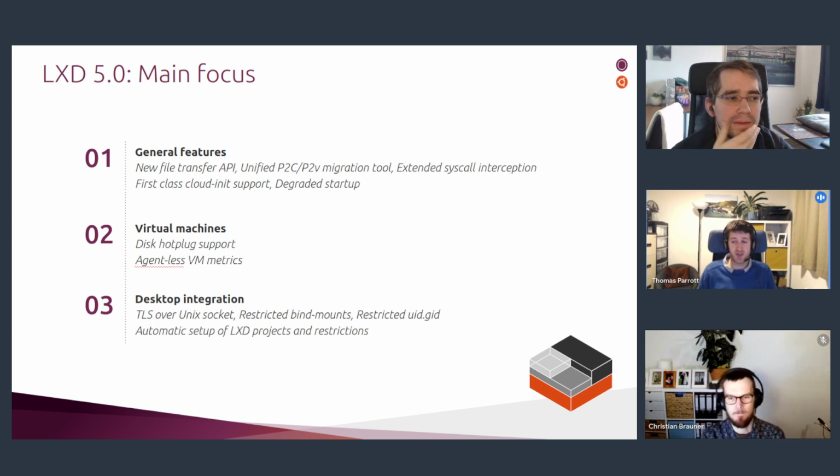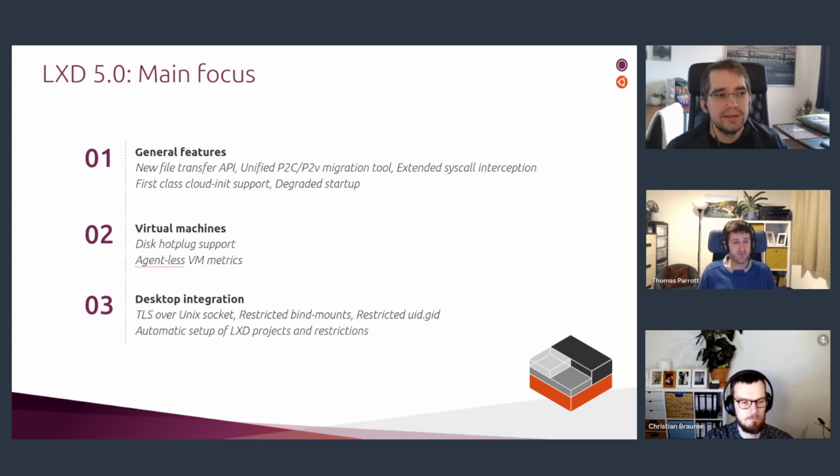But what we've done is we've now restricted what IDs can be mapped at a project level using the restricted UID and GID settings. So those two things together allow safely passing in disk directory shares into instances when you're an unprivileged user.